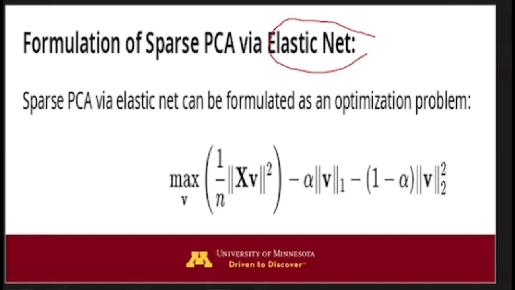The L1 penalty will do the job of sparsity, which means the L1 penalty will shrink the loadings, or the coefficients, of less important features to 0. So the number 1 benefit is sparsity, and L1 is going to do that. Number 2 benefit is the grouping effect.